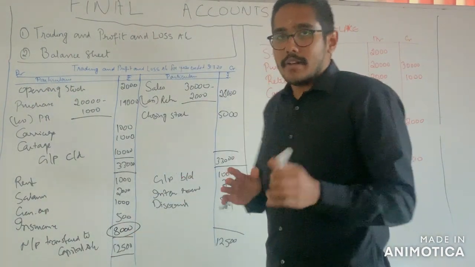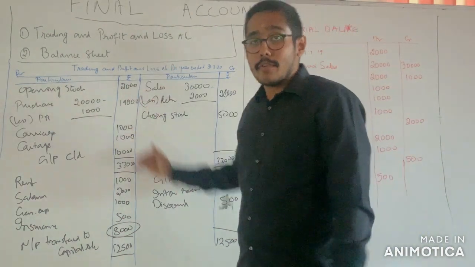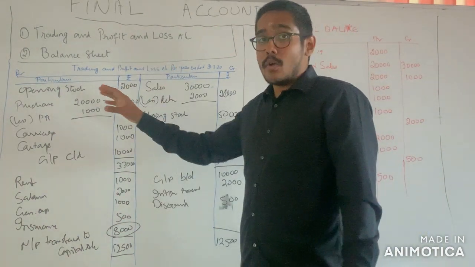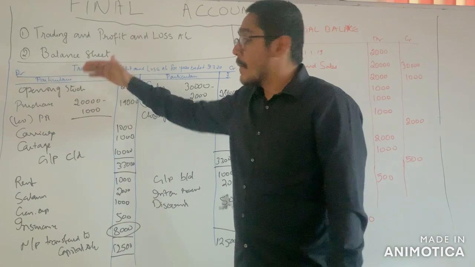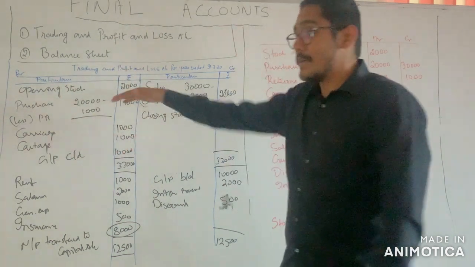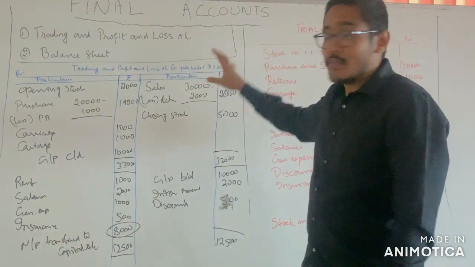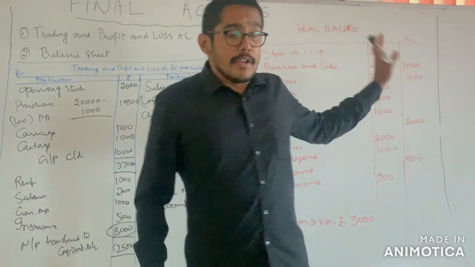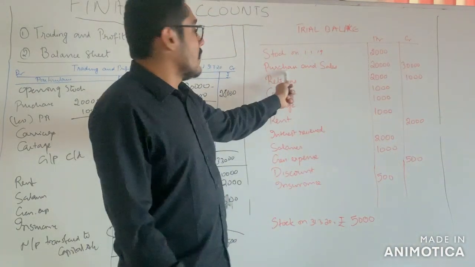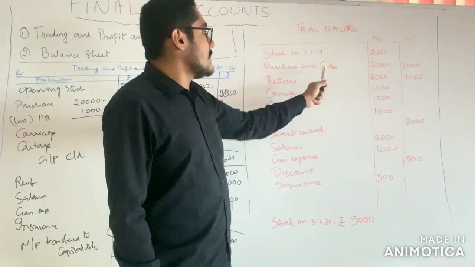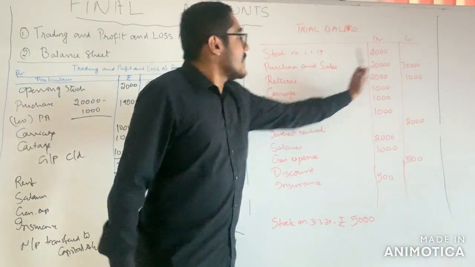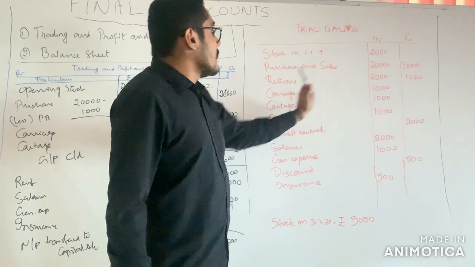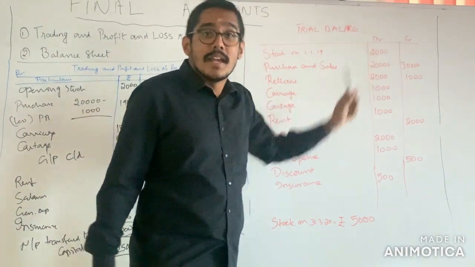So, we have tried to prepare trading and profit and loss account. And in trading account, mostly opening stock, purchase, direct expense on the debit side, and sales and closing stock will be coming on the credit side. Purchase is debit and sales is credit, purchase returns is credit and sales returns is debit.